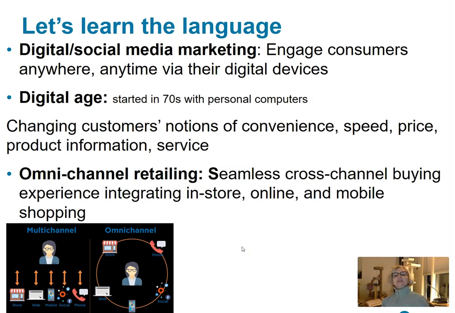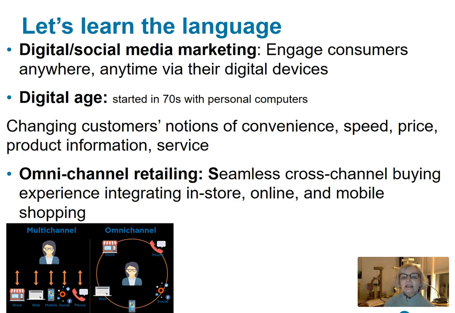So what else do we have to learn? Well, we have to learn some of the terms. Digital marketing, social media marketing, the digital age, and omni-channel retailing. Let's start with digital marketing. That, of course, means we're using the internet in order to create marketing.